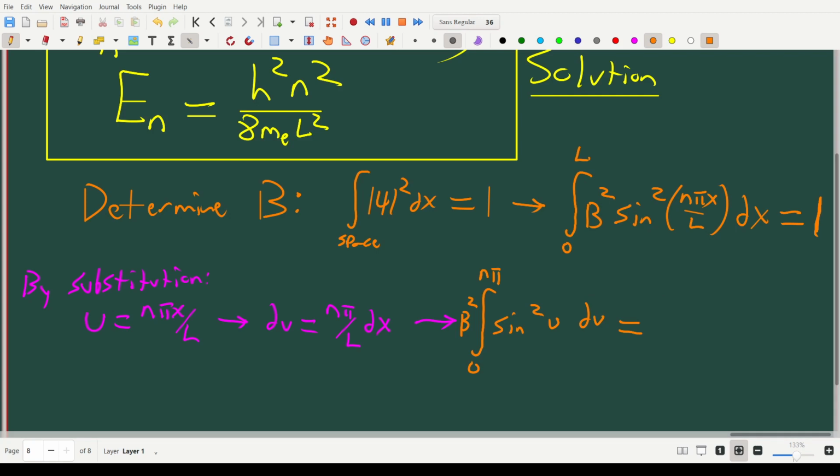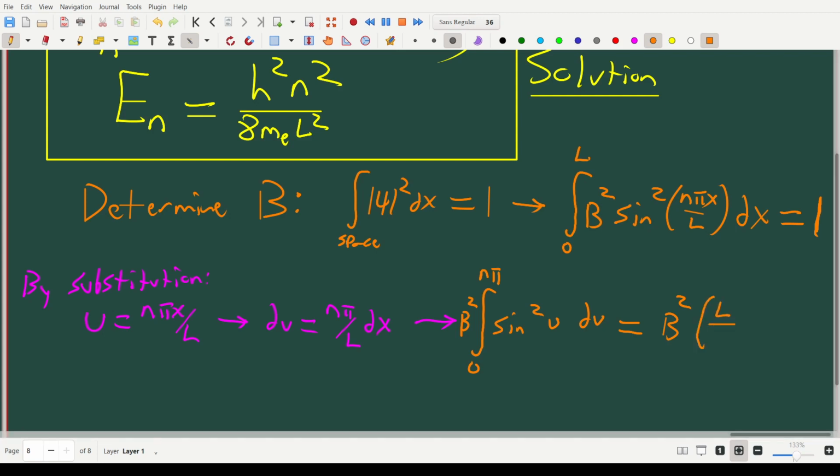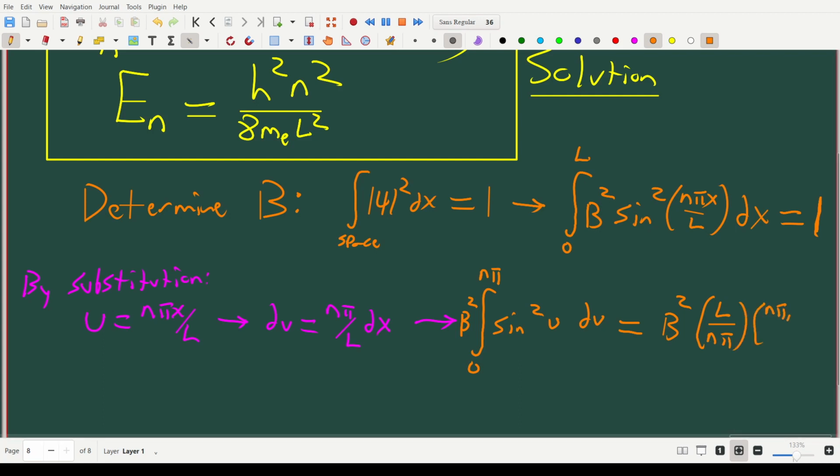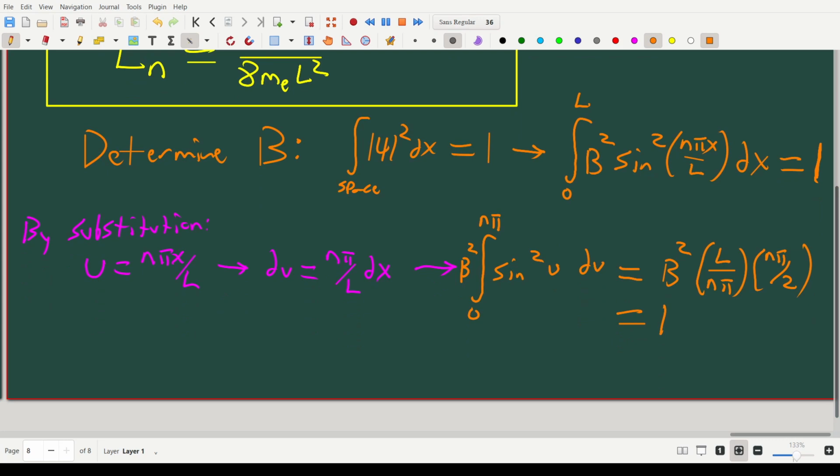But anyway, the way this works out is you get b squared L over n pi times n pi over 2. And that's equal to 1. All right?